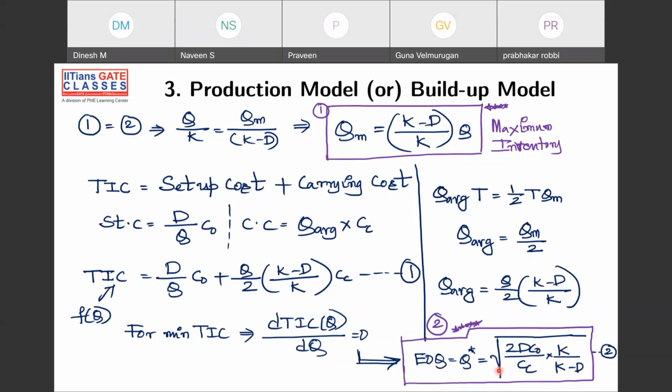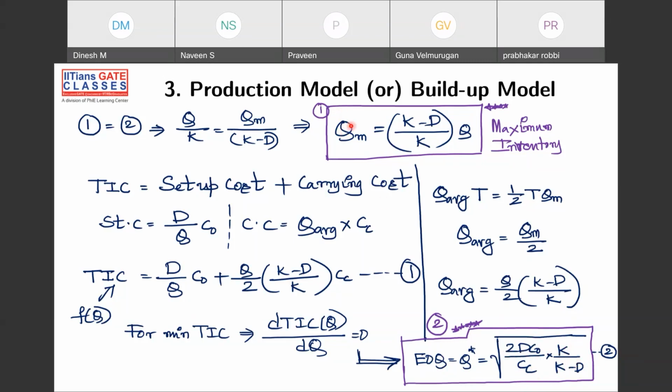Important formula again. At least remember this formula. Sometimes in a problem you have to pick the right formula. Where production is allowed, 2D C0 by Cc is simply EOQ, as you have seen in the Wilson-Harris model, the first model. This is the third model, the production model or build-up model, multiplied by K by K minus D. K is the production rate and D is the demand rate.